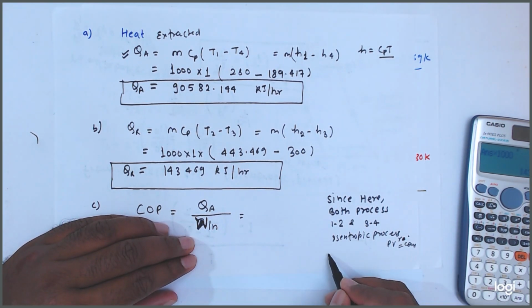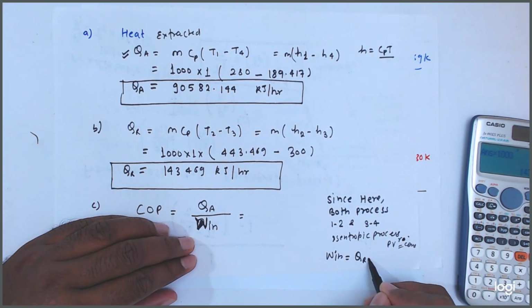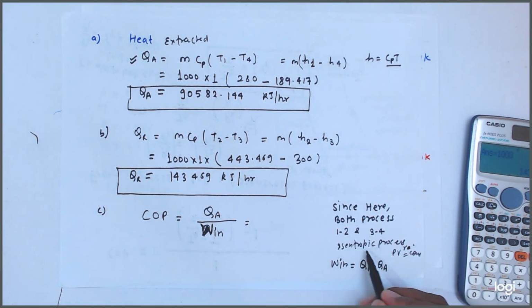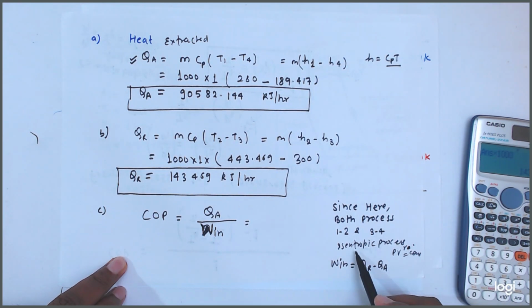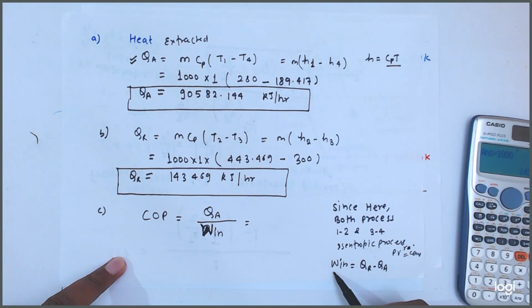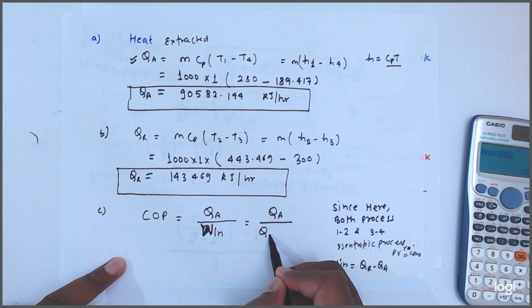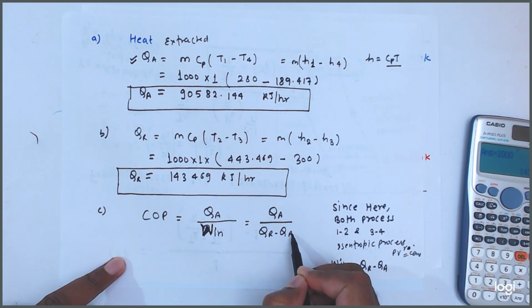So in this case, work input equal to heat rejected minus heat absorbed. So when the process follows isentropic, then in this case work input is equal to heat rejected minus heat absorbed. So what happened? This value upon heat rejected minus heat absorbed.